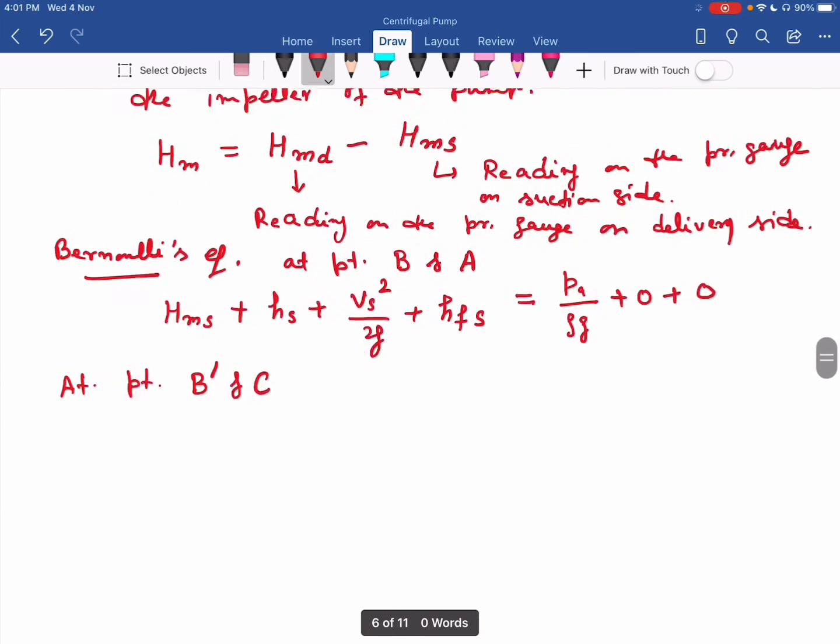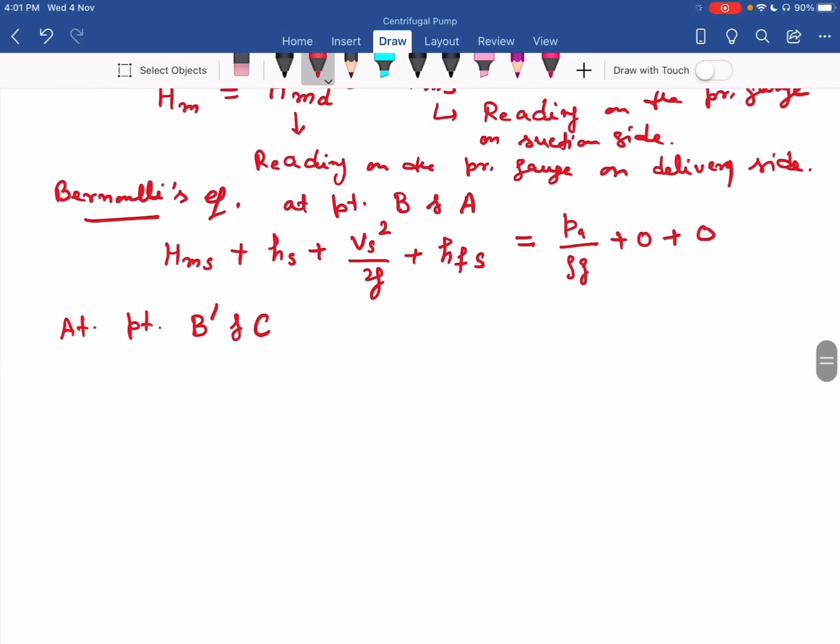Now I can write the pressure head at point B dash, that is HMD, plus the velocity head, Vd square divided by 2G, plus the datum head.